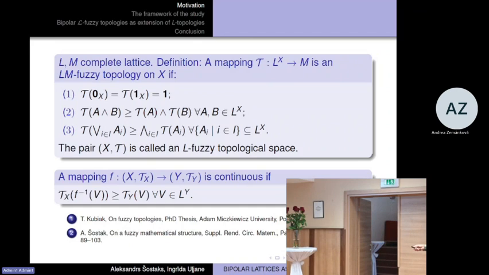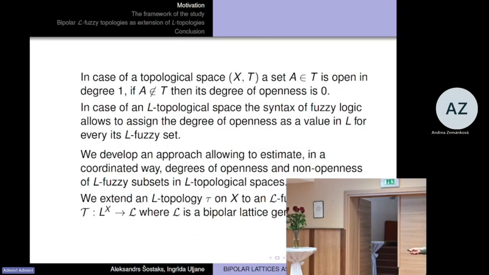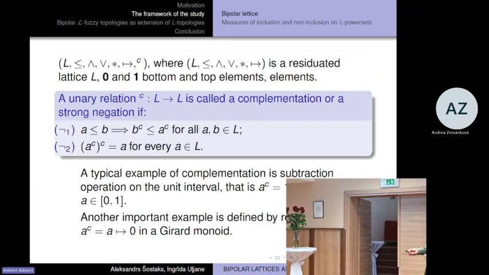If we take 2 here and L there, it will be Höhle's approach. In this talk it is important for me to use different lattices, L for sets. Okay, this is such an explanation.